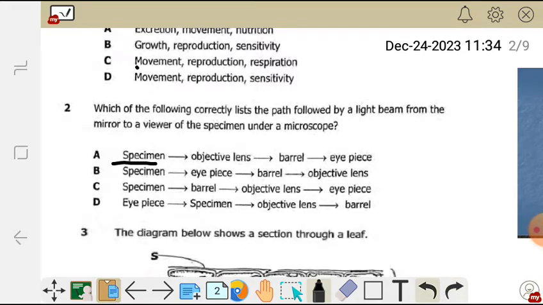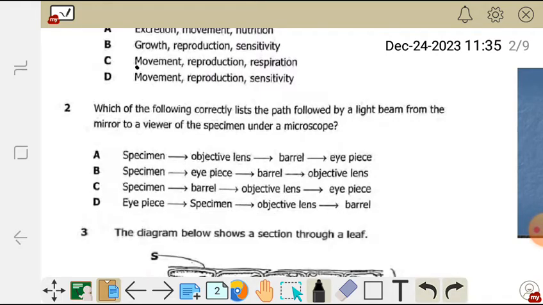A. Specimen, objective lens, barrel, eyepiece. B. Specimen, eyepiece, barrel, objective lens. C. Specimen, barrel, objective lens, eyepiece. D. Eyepiece, specimen, objective lens, and barrel.